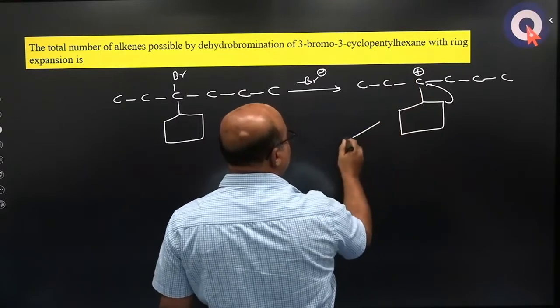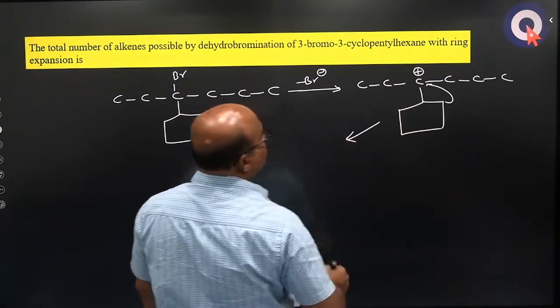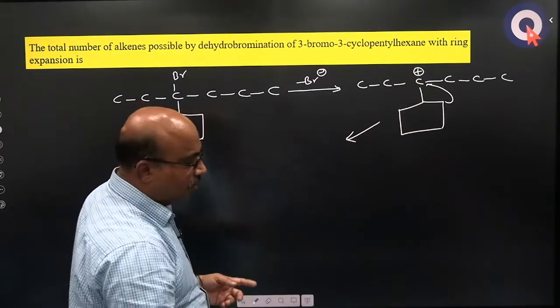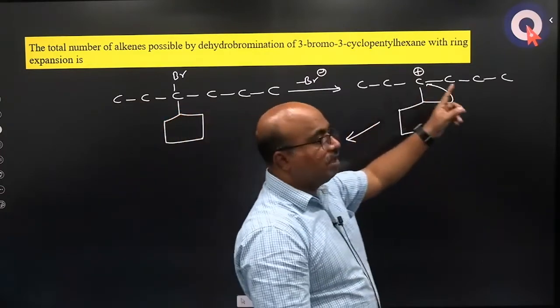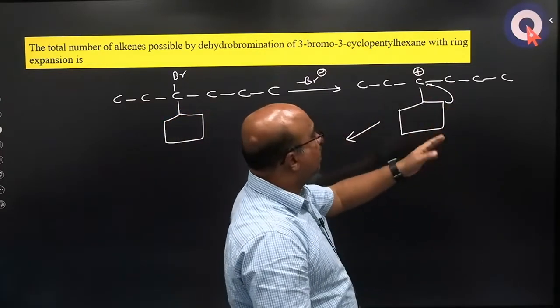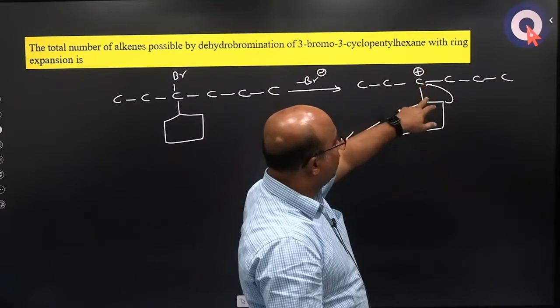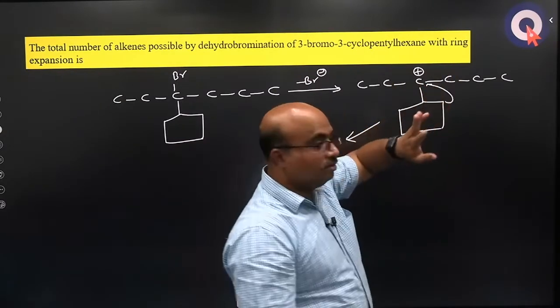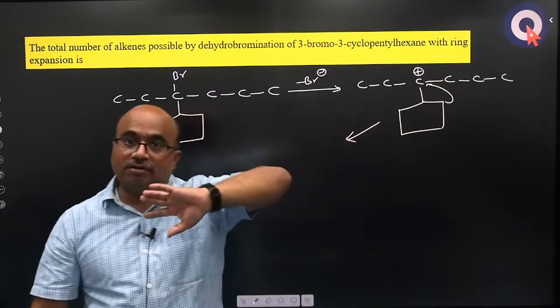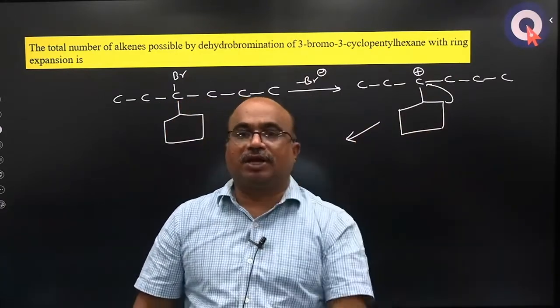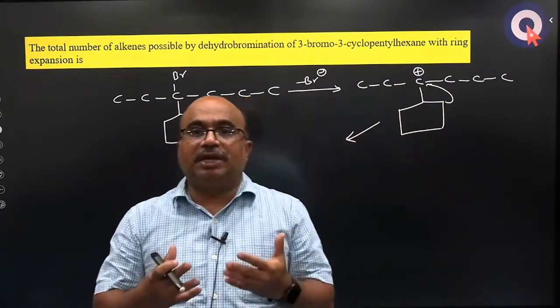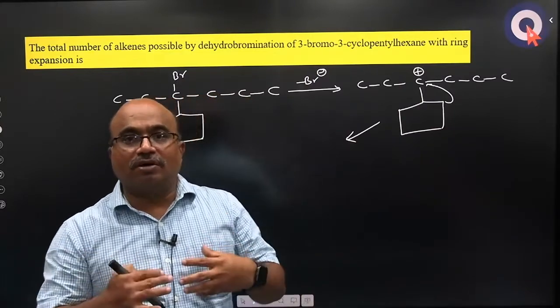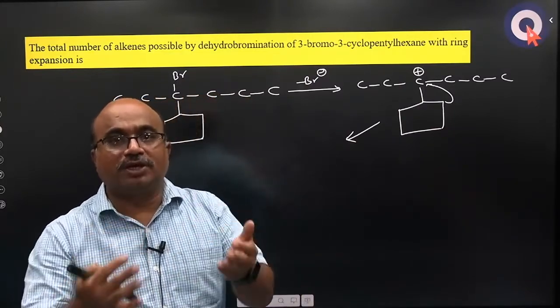So what you will see? Because he is asking with ring expansion. Otherwise, from this directly you may get an alkene. How many alkenes you may get at this? You may get a double bond here, you may get a double bond here, you may get a double bond here. So, before ring expansion, we got three basic alkenes without ring expansion.